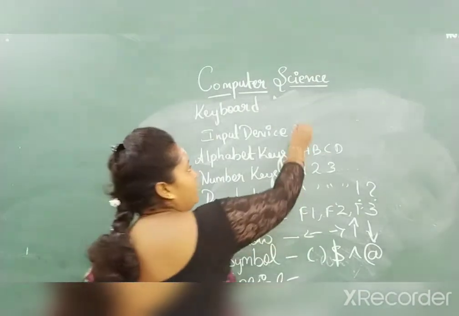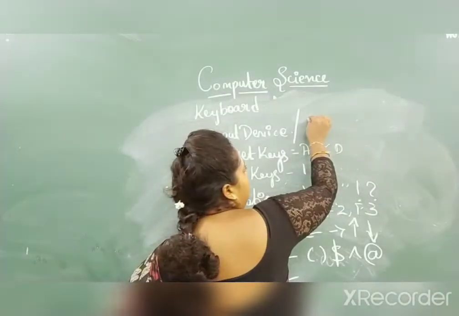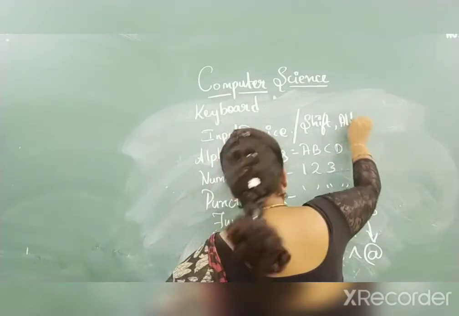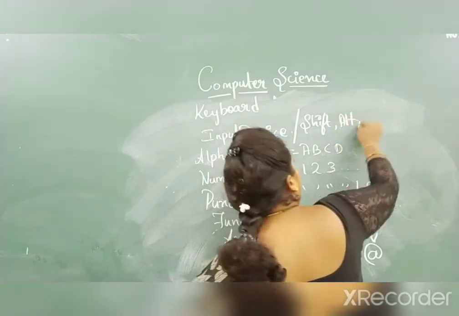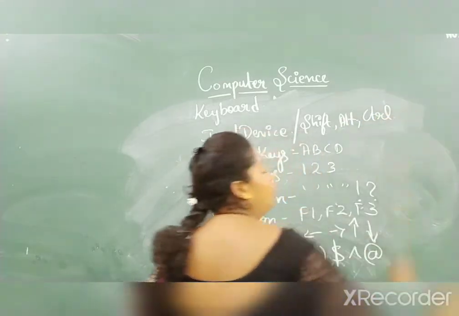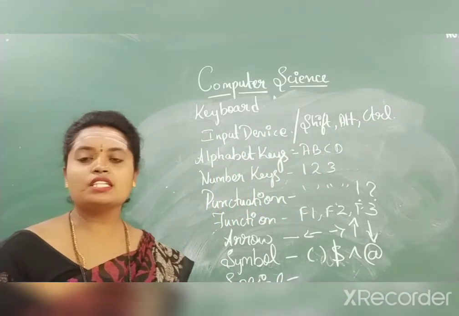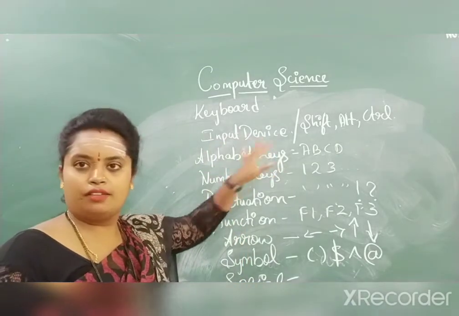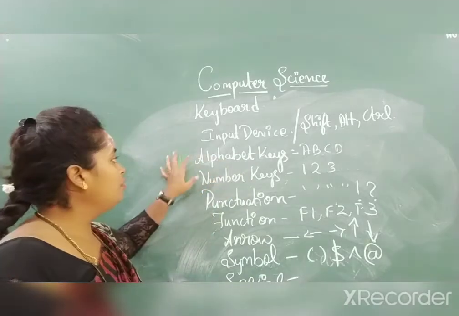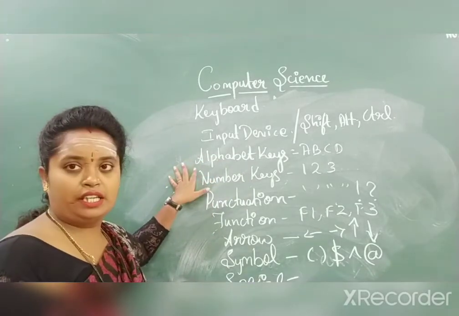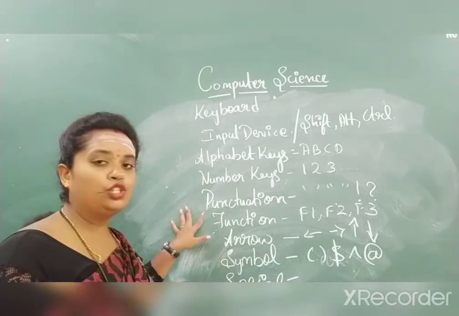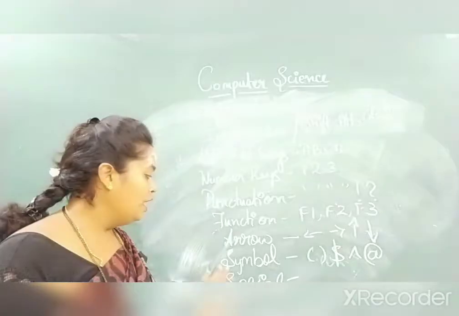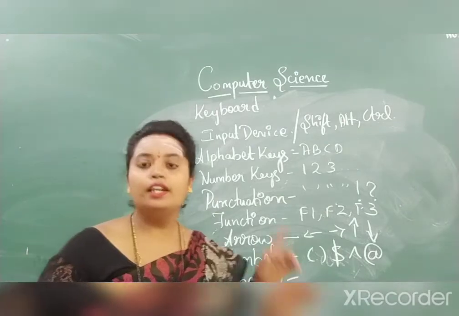I'll be writing here, special keys which are shift, alt, control. What are the keys which are available on the keyboard, children? Keyboard is an input device wherein you have alphabet keys, number keys, punctuation keys, function keys, arrow keys, symbol keys and special keys. Good.